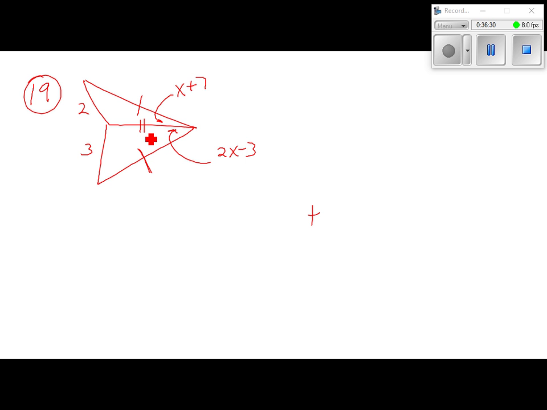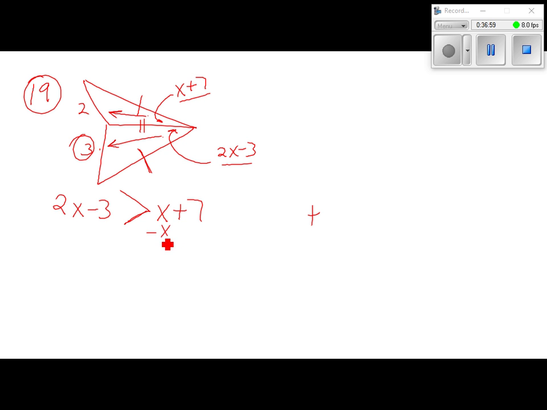We look over here, this angle and this angle with the x's in it are across from 3 and across from 2. Well, this one, the 2x minus 3, has to be bigger than this one, the x plus 7, because it's across from the bigger side 3. So 2x minus 3 has to be greater than x plus 7.